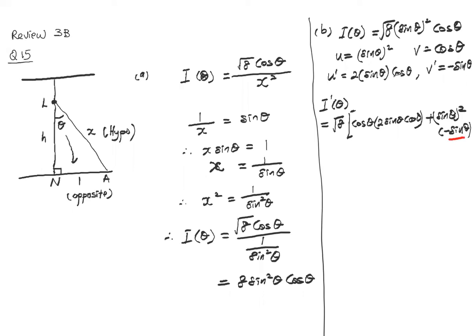So you factorize out your sin theta, then everything will be in place. So this will be square root of 8 sin theta, and this one will be 2 cos square theta minus sin square theta. Okay, so we got that.